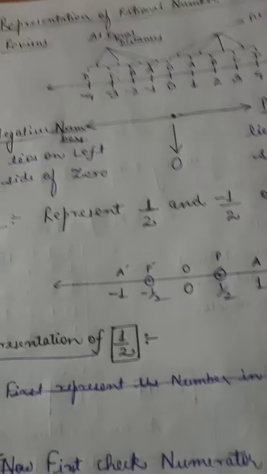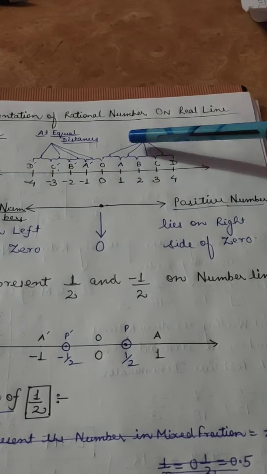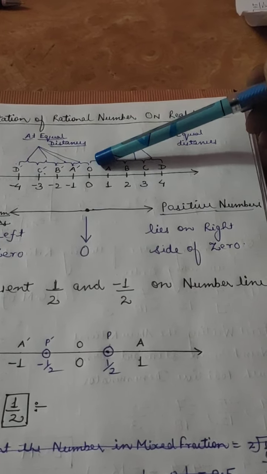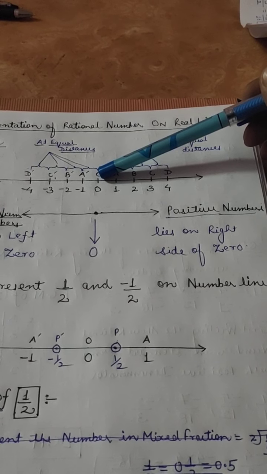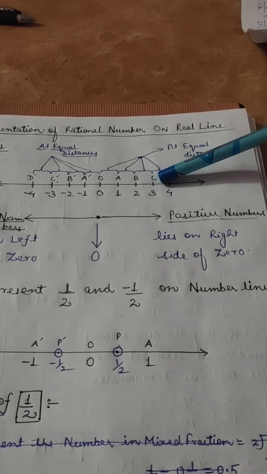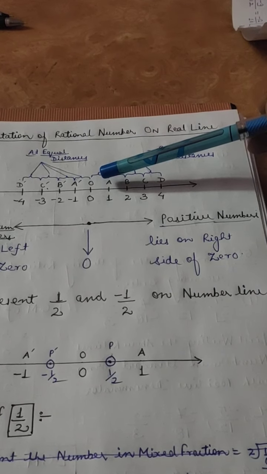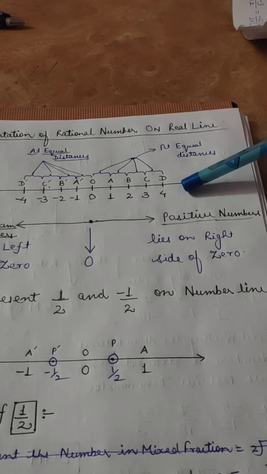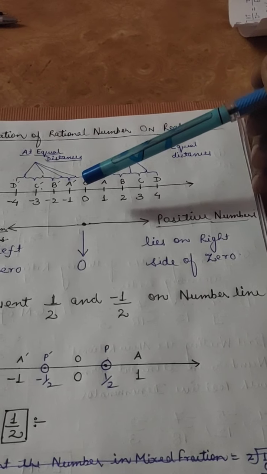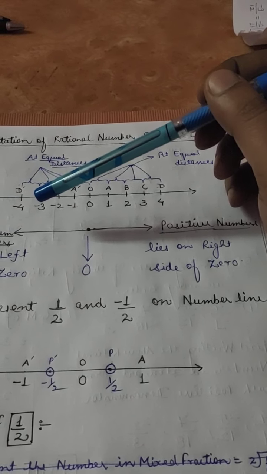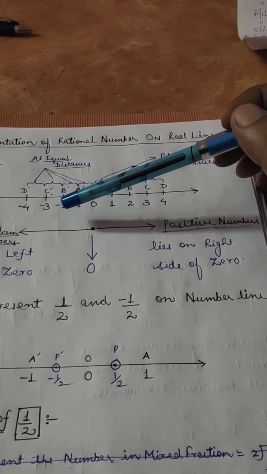So, here you are seeing that I have drawn a number line. In the center you have seen 0, and on the right hand side you are seeing positive numbers. On the number line, if we start moving towards the right side, the numbers keep on increasing, and if we start moving toward the left hand side of 0, then the numbers keep on decreasing.